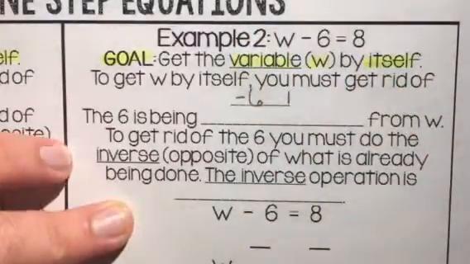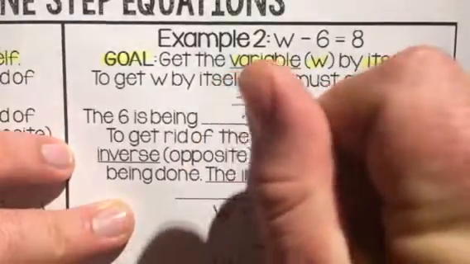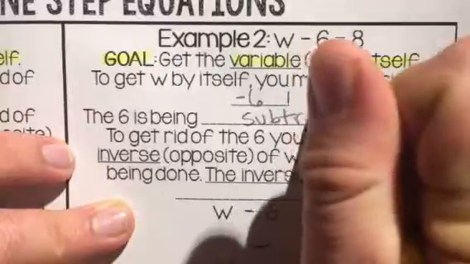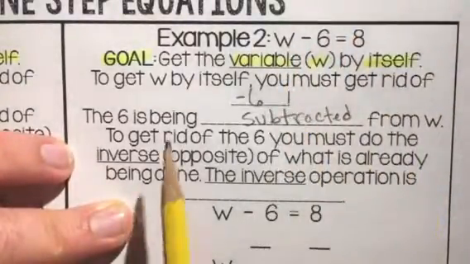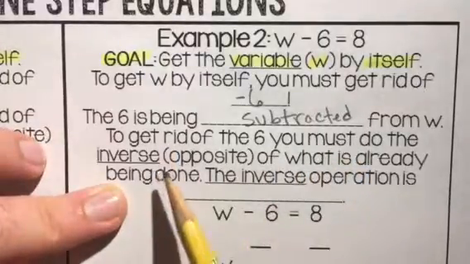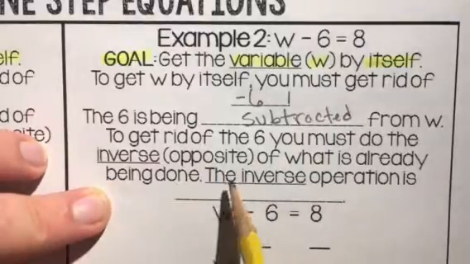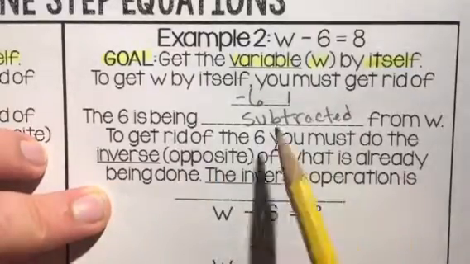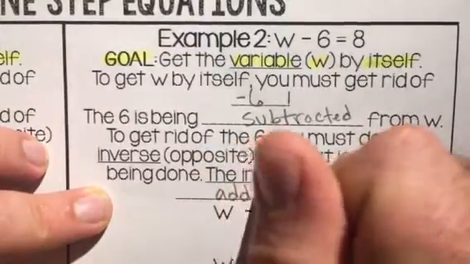The 6 right now is being subtracted from w. To get rid of the 6, you must do the inverse operation, or the opposite of what is already being done. And we know that the inverse operation of subtraction is addition.